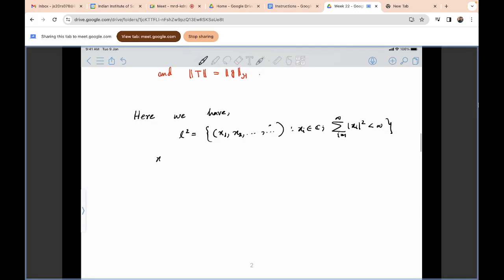For x and y in L2, the inner product is defined by the summation of xi yi bar, because here xi and yi are complex numbers.